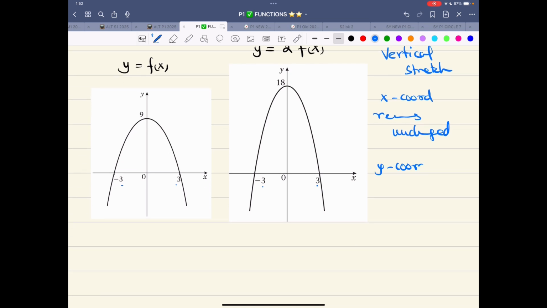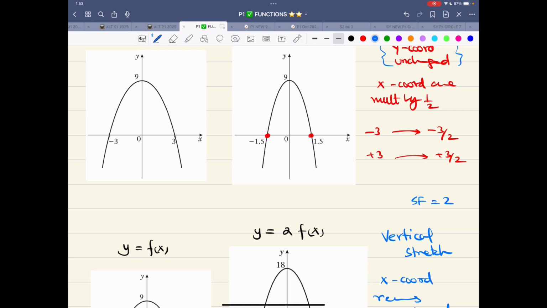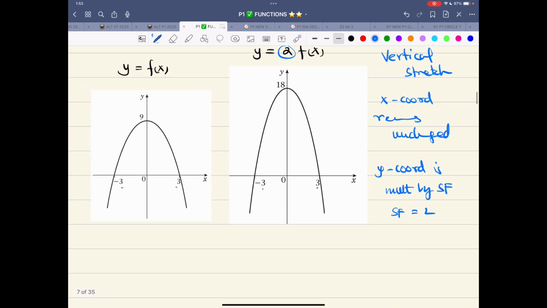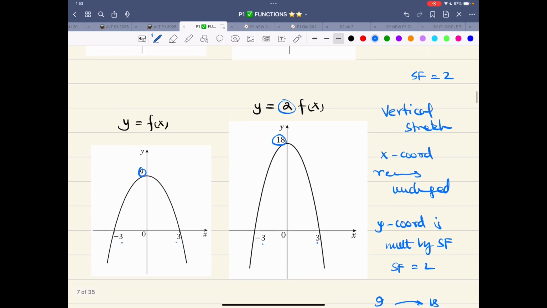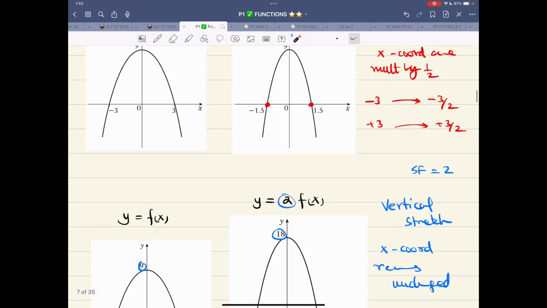The y coordinate is multiplied by the scale factor, which in this case is 2. So therefore, 9 becomes 18. So it is stretched along the y-axis. This is stretched away from the x-axis. That is the bottom line of the story.